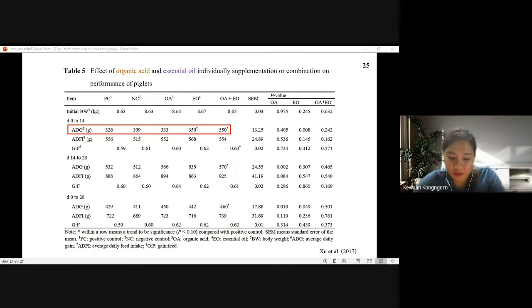Some organic acids just control the population of microorganisms, but some types of organic acid kill the microorganisms. When we combine them, maybe we get a better result than with an individual organic acid, because each organic acid has a different function.